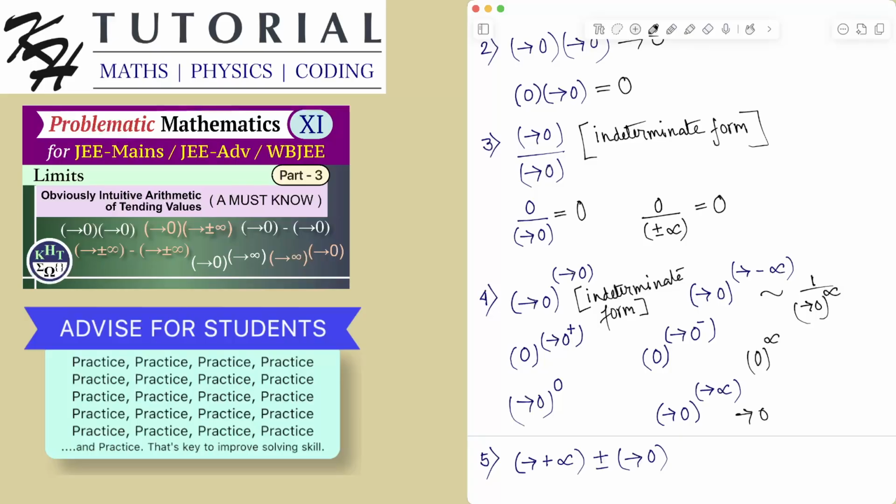So now what will be 1 by tending to 0 raised to the power infinity. In the denominator we will have tending to 0, so 1 by tending to 0 means tending to infinity. Okay. Now what is exactly 0 raised to the power a value which is tending to 0 positive?